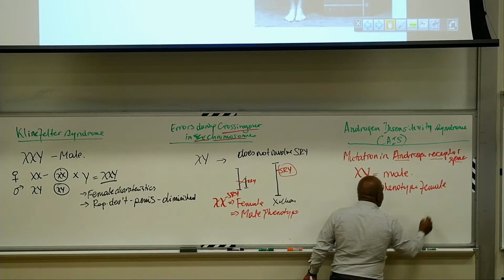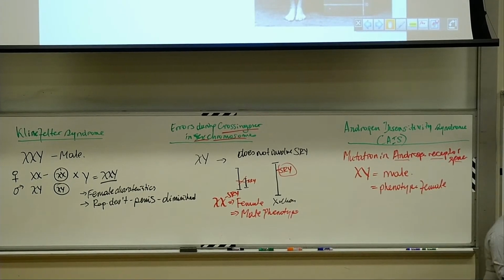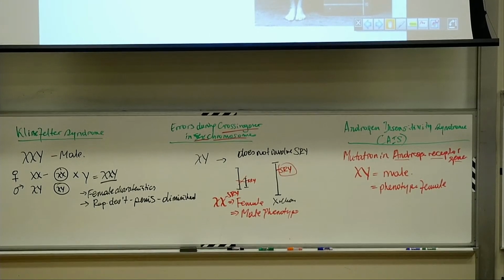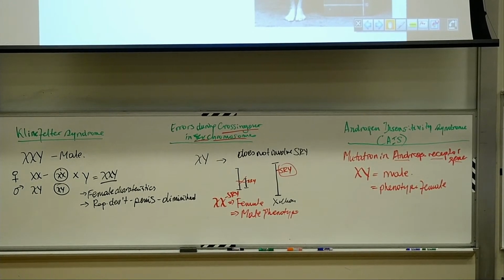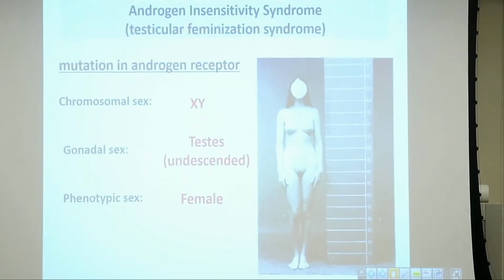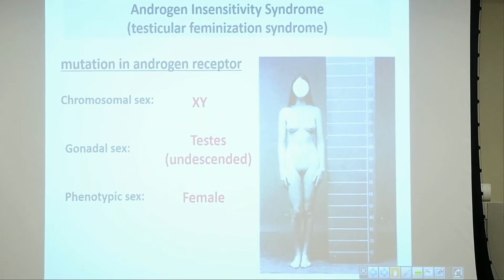The picture on the slide shows an individual with XY chromosomes, but because of the inactivity of the androgen receptor, this individual shows characteristics of a female. Even the testis, which is present inside the body, is not descending out of the body, showing no signs of development of sexual organs like testis. Phenotypically, as you can see, they are female.